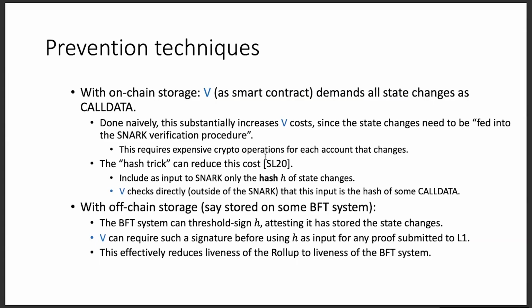So this is basically a reduction from data availability for the rollup to the liveness of the BFT system, which has attested with some kind of majority or 2/3 that it is going to make this data available. So it's just placing the trust in the BFT system instead of in the costlier solution that was keeping the data semi-on-chain.